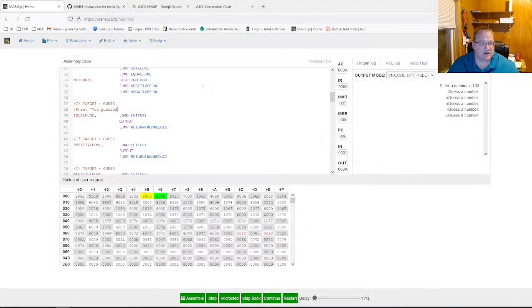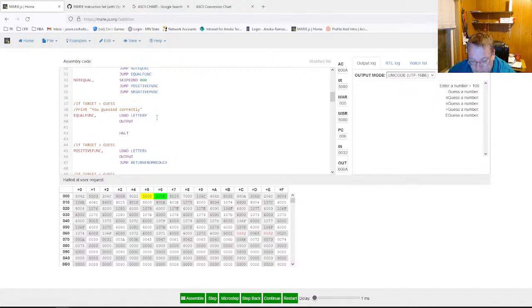I do not know what's going on here. I don't know if it's my graphics card or what it is. You guessed correctly. And then now here, actually, this one, we don't have to jump back out of this. We can actually just halt. Okay, so do a Y here. Letter U. Oops. U.